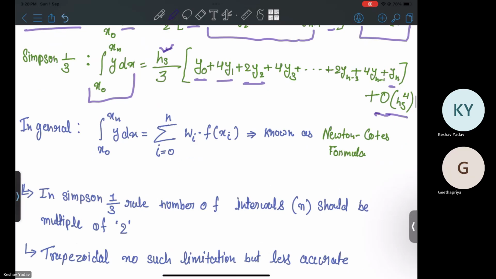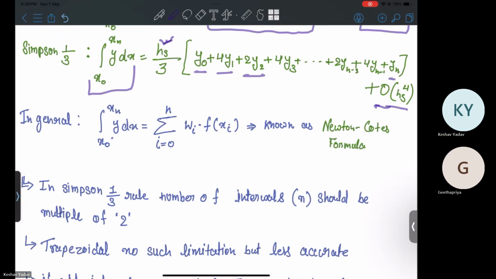In general we can write any numerical integration, the integral of y dx with x from x0 to xn, as the sum from i equal to 0 to n of some weight wi times f of xi, and this general notation is known as the Newton-Cotes formula.